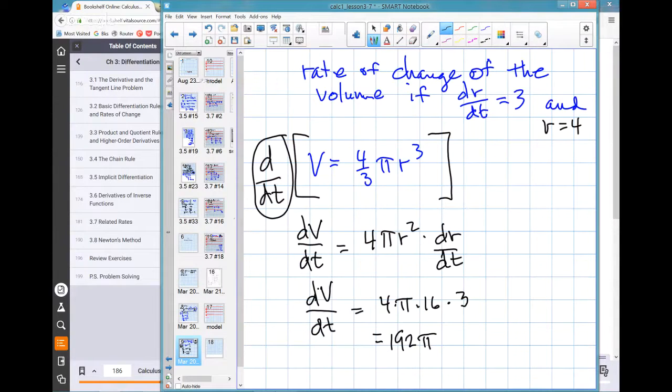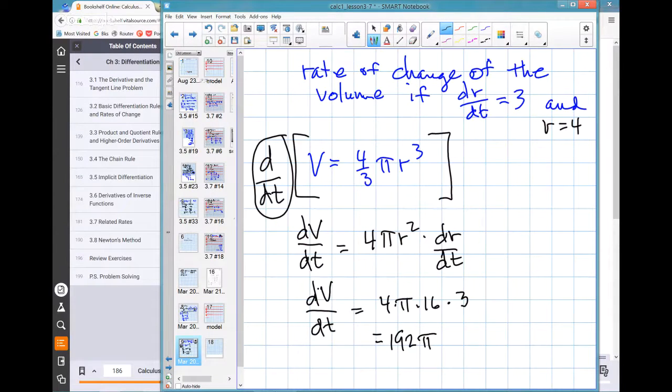So we do what we've learned before, implicit differentiation. So we find the derivative of both sides. So left side, dV/dt, right side, well, first do the power rule, bring the 3 down, 3 times 4/3 is 4. Pi is a constant, stays the same, and reduce the power on the variable by 1.